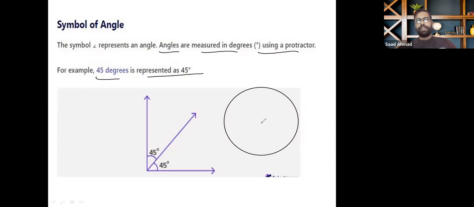So they took a circle and drew lines, dividing it into 360 equal parts.